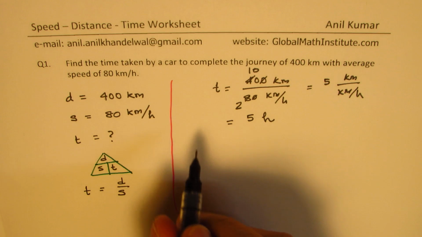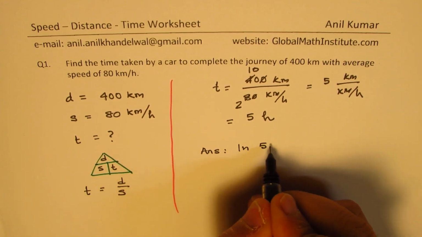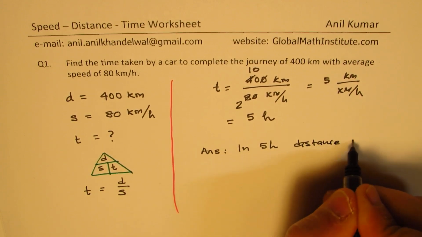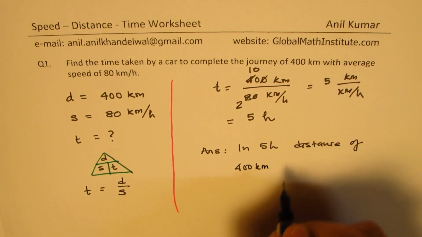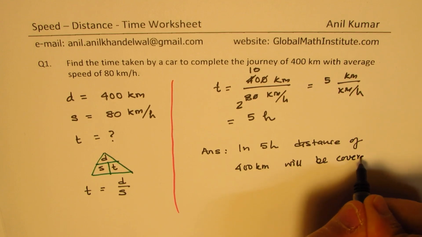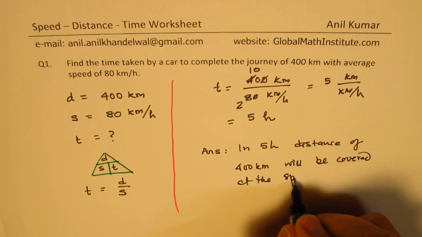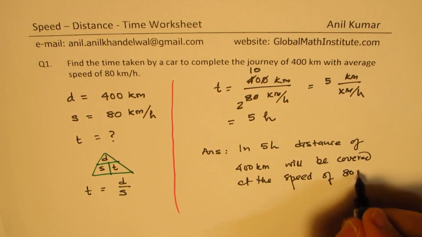So the average speed is this, time taken will be 5 hours. Distance of 400 kilometers will be covered at the speed of 80 kilometers per hour.